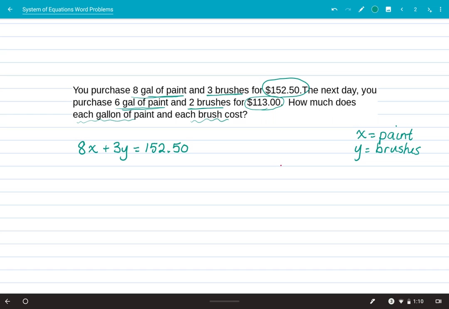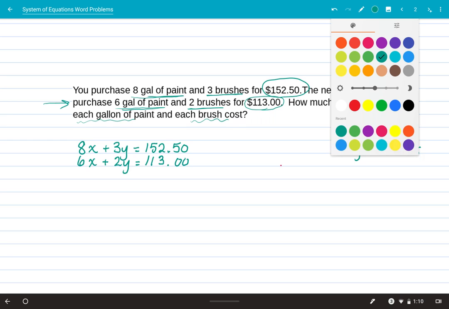Now read the next sentence, and I want you guys to write the next equation. Okay, and hopefully you got 6 gallons of paint plus the 2 brushes is going to be $113.00.